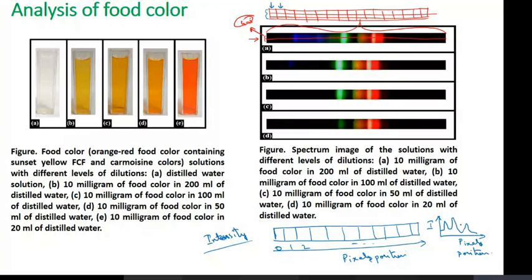Now you know what source you have used, so these positions you will be knowing. Since you know these positions, you can map them. You can find out that this position is at say pixel number 10, and this position is at say pixel number 20. Accordingly you convert these pixel positions into wavelengths.